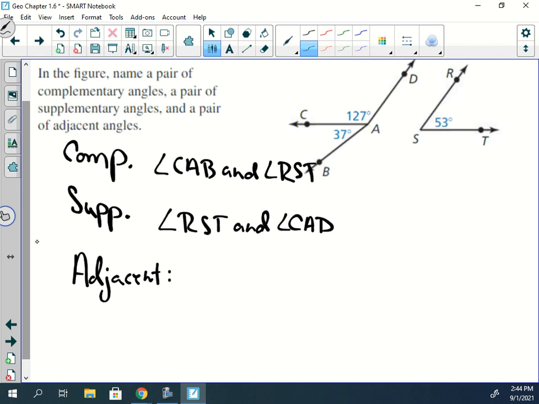RST. CAB and DAC, because those two share a common vertex, point A, and a common side of CA, and they do not have any common interior points.